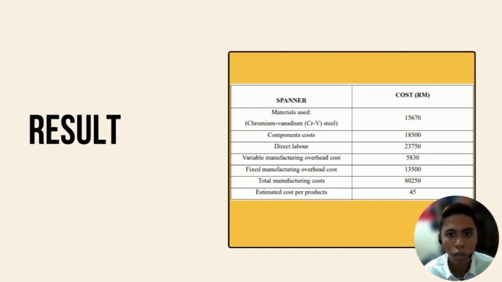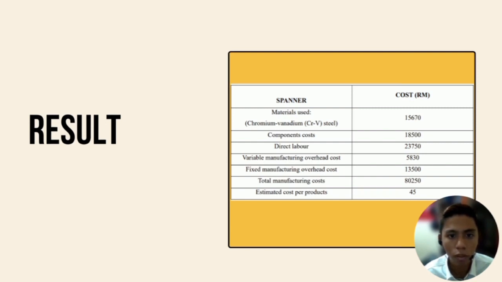Firstly, the material used for the spanner is chrome vanadium steel, which costs about 15,670 ringgit because 1 kilogram of steel is around 22 ringgit and 50 cents, and the average weight of the spanner is 350 grams.